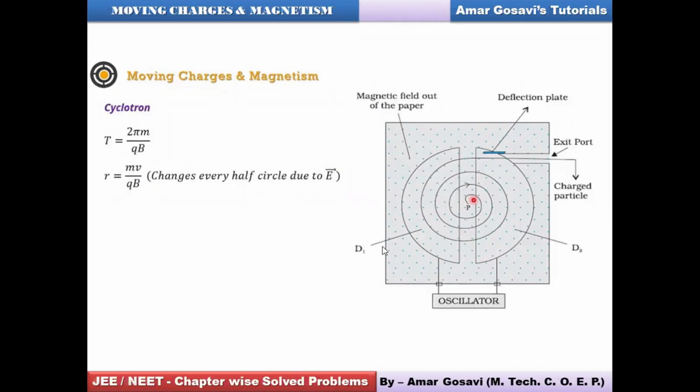Say if D1 is positive, D2 is negative, and alternatingly D1 will become negative and subsequently D2 will become positive. Now what effect it creates on this charge? I'm going to give you the points on working also, friends. But before that, I'm making the theory very clear to you in simple words. So far as the notes are concerned, I'll be presenting you the notes also on this cyclotron.